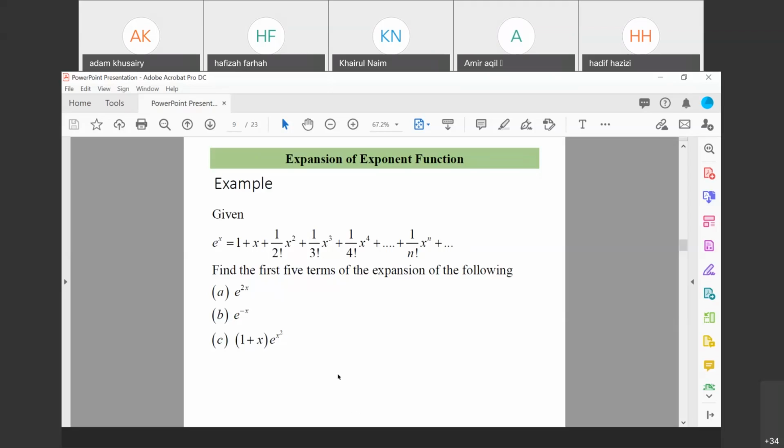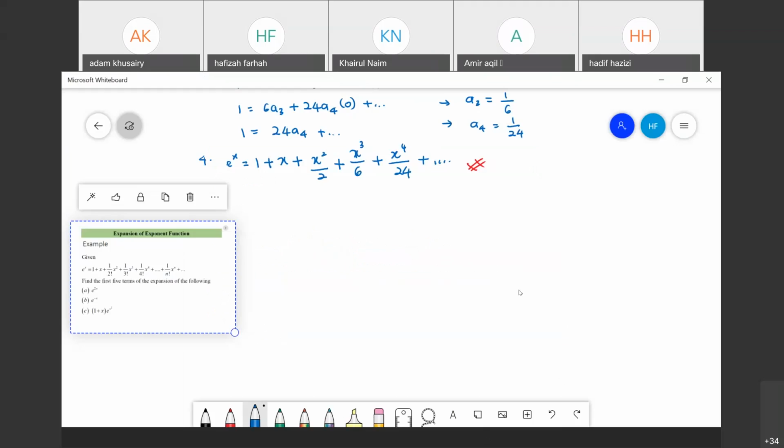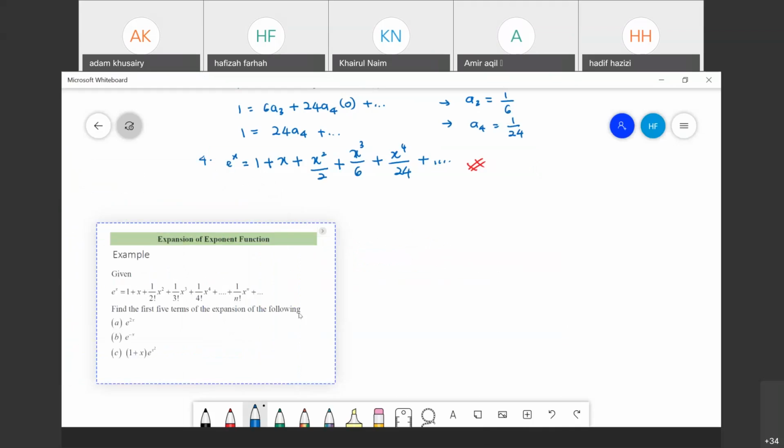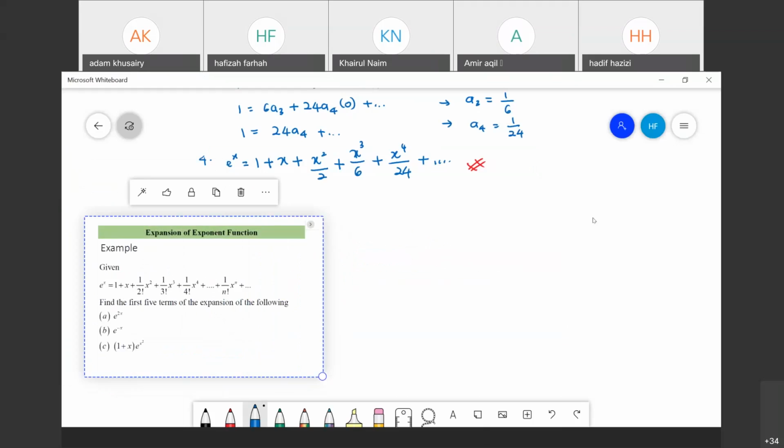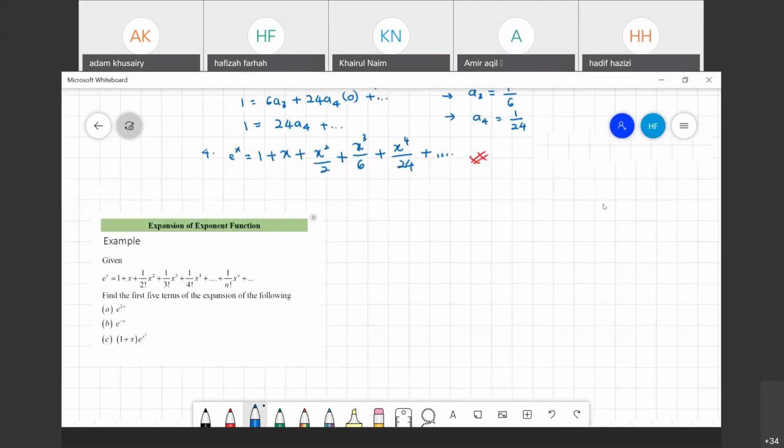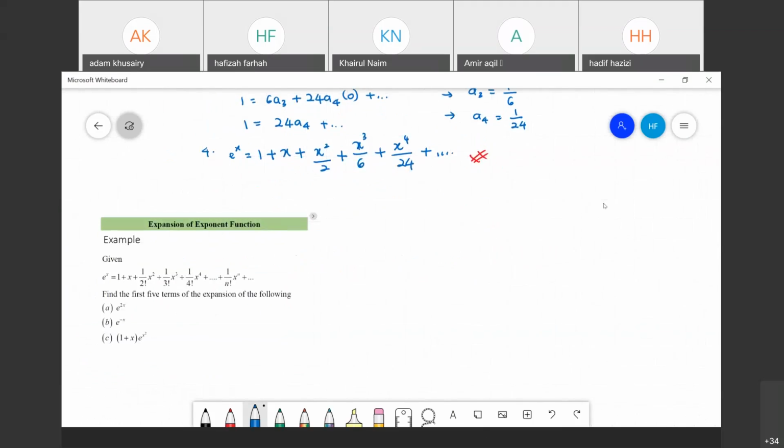Okay, now what we need to do is we don't have to find all the differentiation, all these 4 steps, because they already give you the expansion of the exponential function.